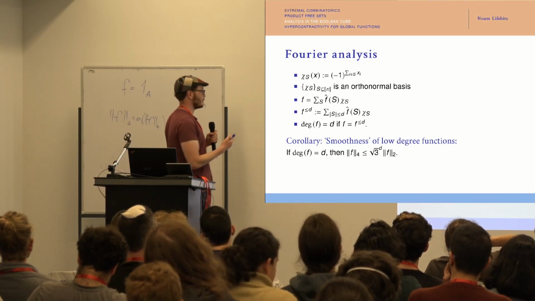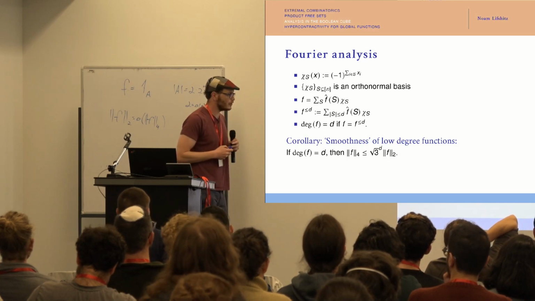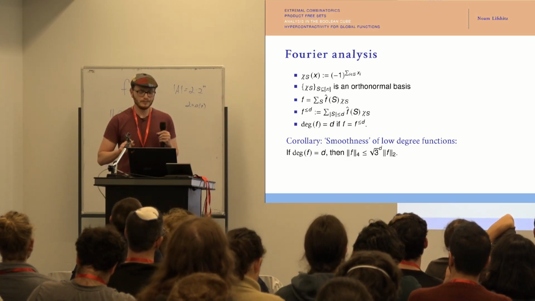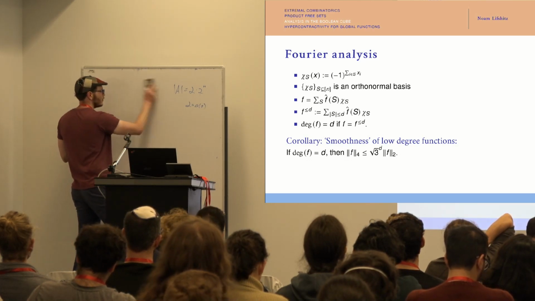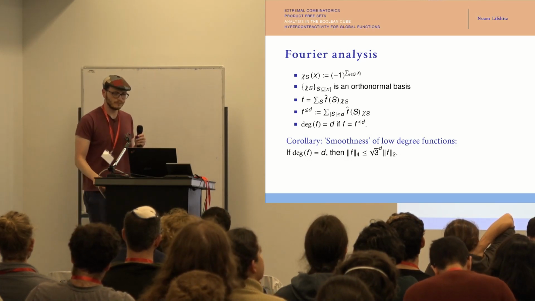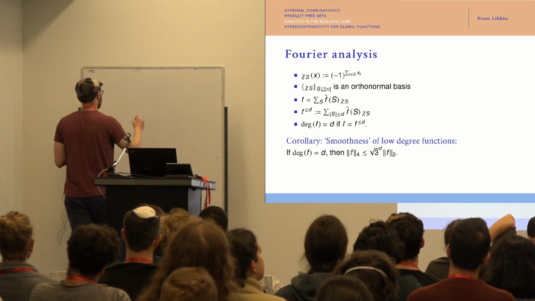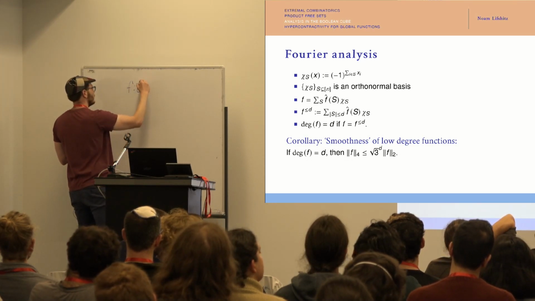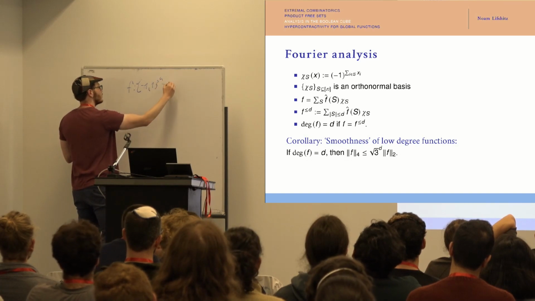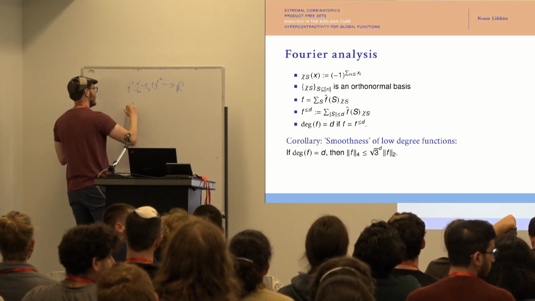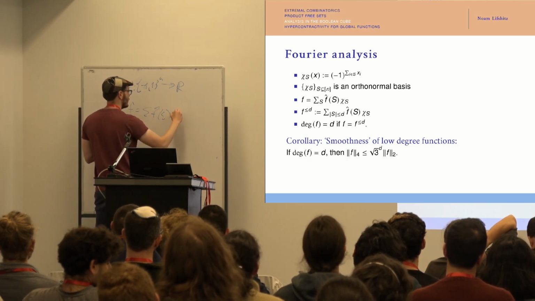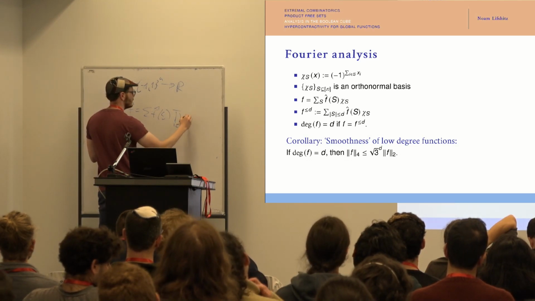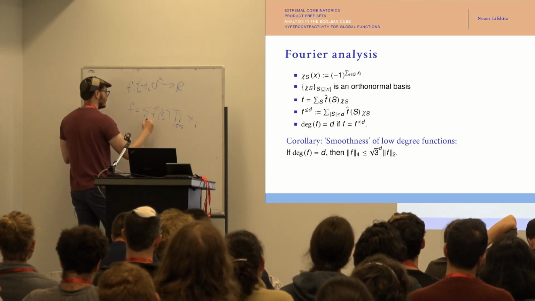So we have the Fourier characters over the Boolean cube. Every function on the cube, we can write as a multilinear polynomial. So if we have f from the cube to the real numbers, we can write f as a sum over S of f hat at S times the product over i in S of xi.